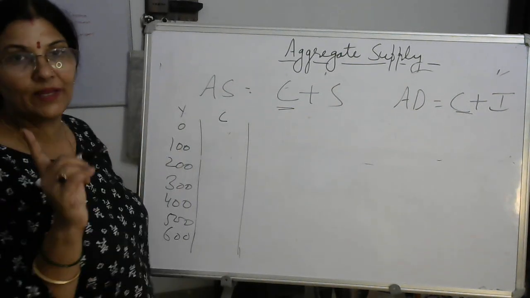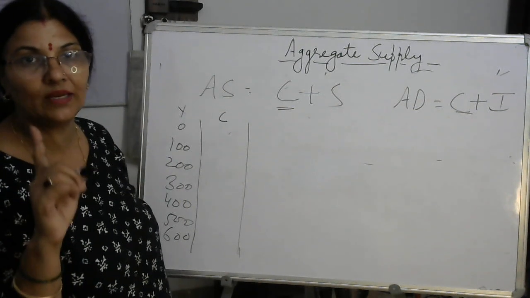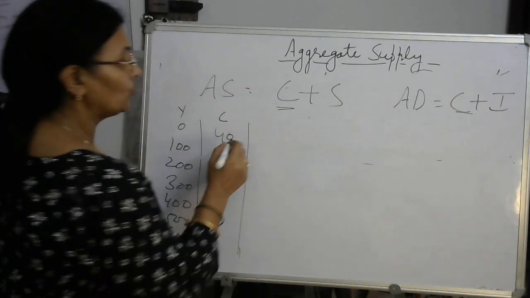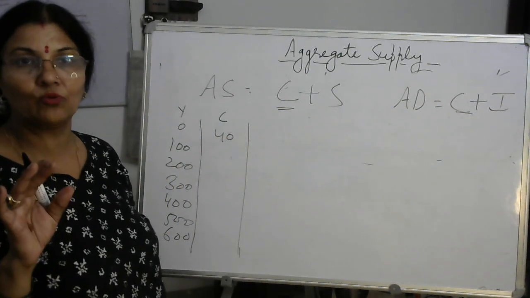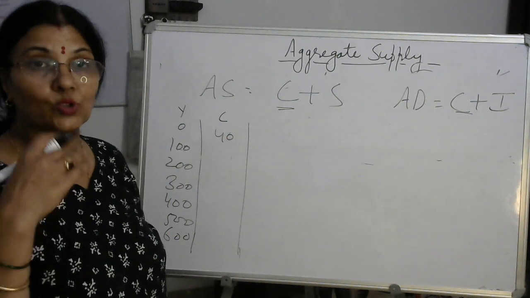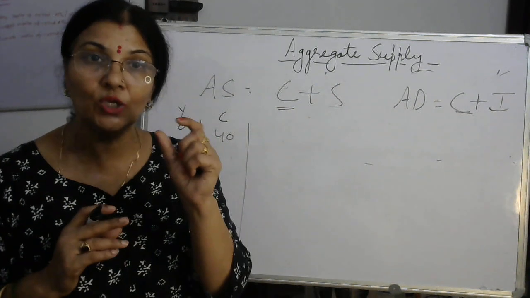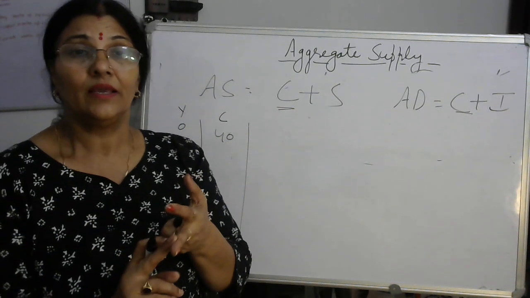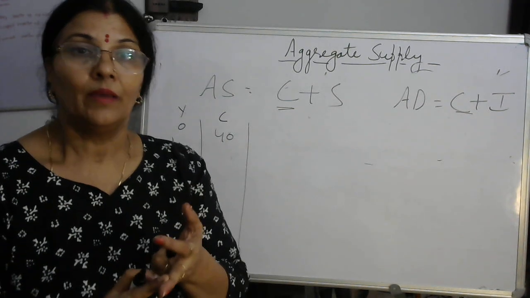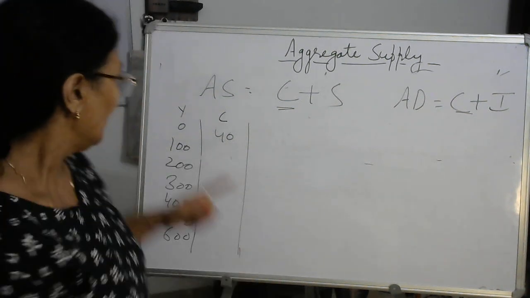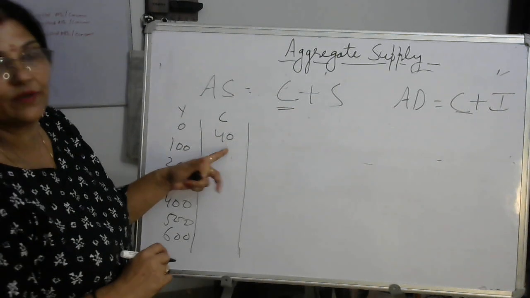C, as I explained to you, never becomes 0 even at 0 level of income. To survive, to sustain life, we have to consume something. What are the sources through which we satisfy the basic needs of life if income is 0? That is past saving, selling our assets, and third, borrowing, right? So it is autonomous consumption, right?